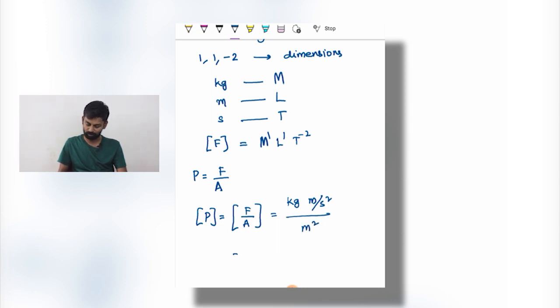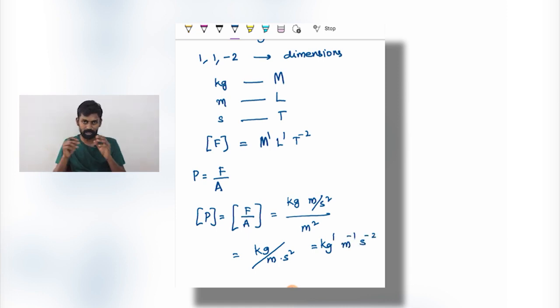So what do we get? It is kg per meter into second square, or kg power 1, m power minus 1 and s power minus 2. So in this same order, 1, minus 1 and minus 2 are the powers to which the units of mass, length and time are to be respectively raised.